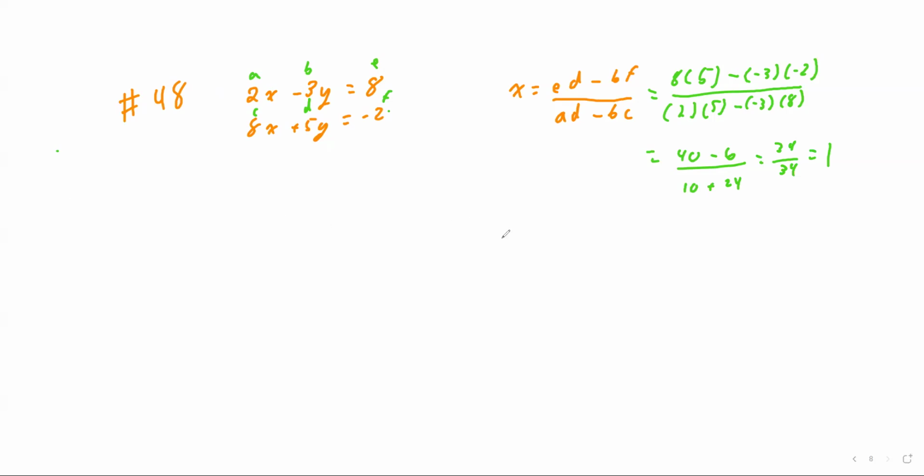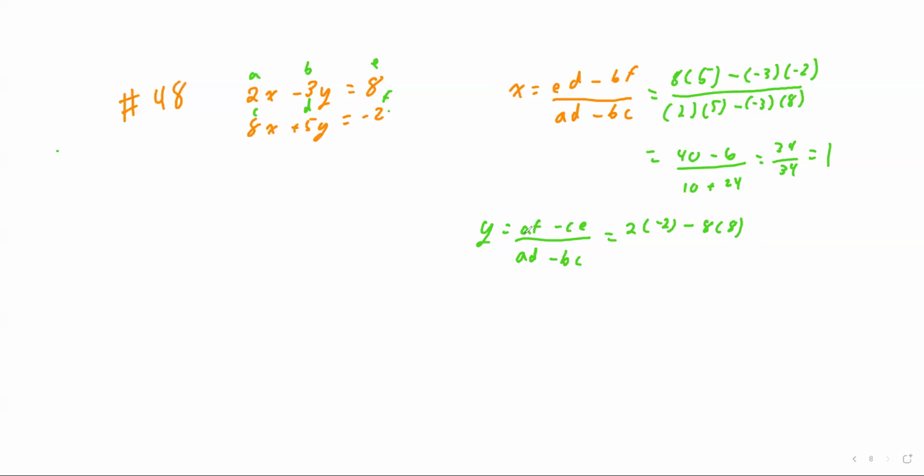All right, so now y. Y's equation was AF minus CE over AD minus BC. So this would be 2 times negative 2 minus 8 times 8.